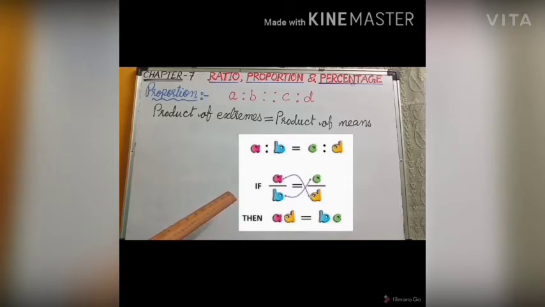So product of extremes, A into D, will be equal to B into C. So when the ratios are in proportion, we can check their equivalence by product of extremes and product of means. We can find out the product of extremes and the product of means. If they are equal, that means the ratios are in proportion.